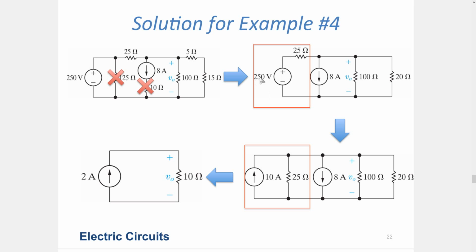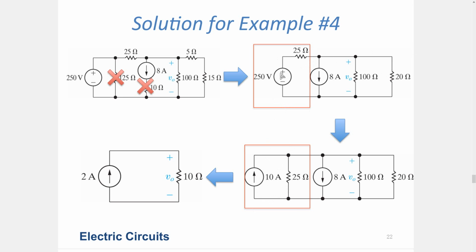If you divide this voltage source by the value of the resistor, it means that we need a 10 amps source with a parallel connected 25 ohms, because at the end, the voltage between these nodes should be 250 volts. And if you take a look at this loop, in this mesh, you are going to get 250 volts. So these two portions behave equivalently from the perspective of the rest of the circuit.